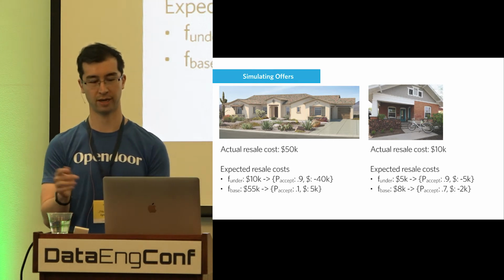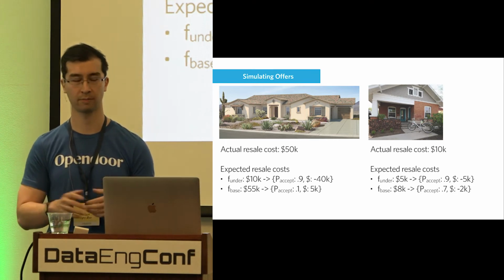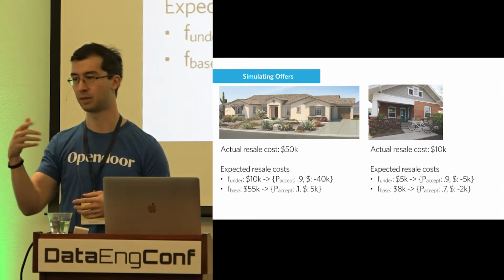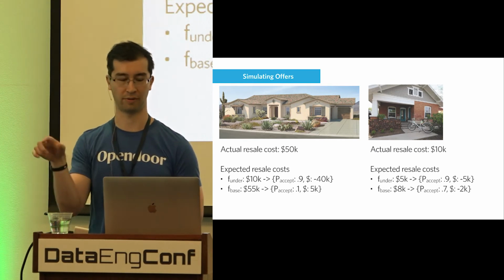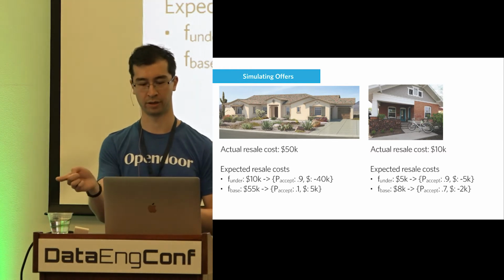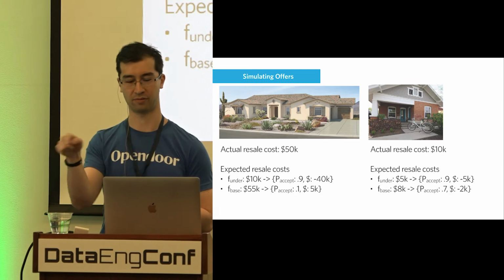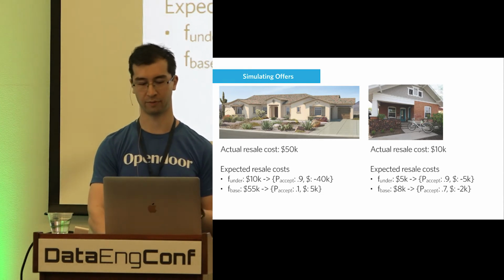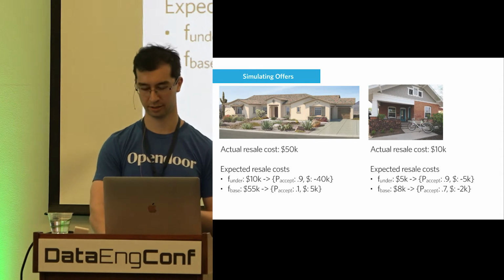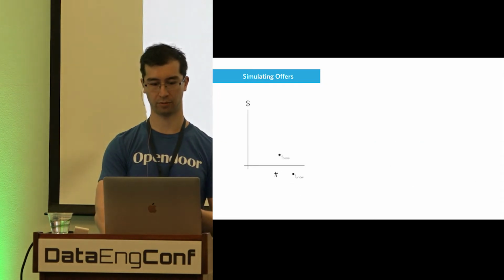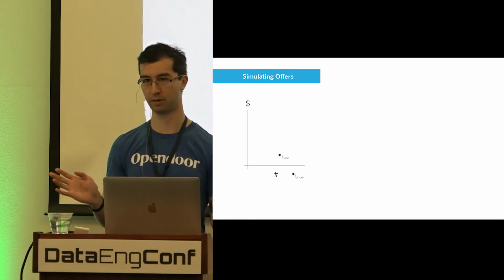On our simulation set, it's hundreds or thousands of houses, and the conversion rolls up into an expected number of houses that you acquire, and then the profit just rolls up additively. In this case, the undervaluation one, we would have lost 40 plus 5, so $45,000, and we would have 1.8 houses on average. So what you can do is you can plot the result of the simulation in trade-off space.